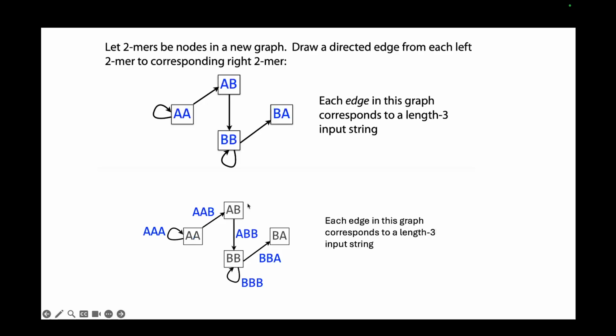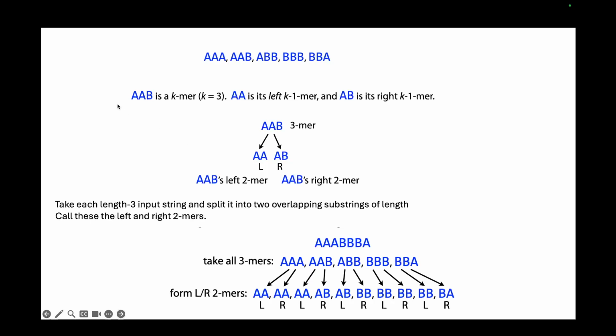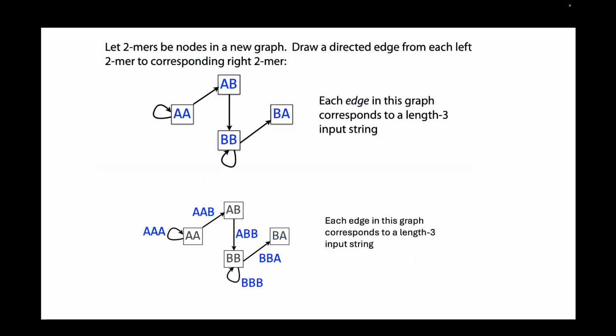AB and BB, it's ABB. So all the overlapping things are taken into account, and each edge of the graph will correspond to a length 3 input string. Remember, we started with a k-mer of 3, but we broke it down into tumors. Now we are trying to find overlaps between these particular tumors.